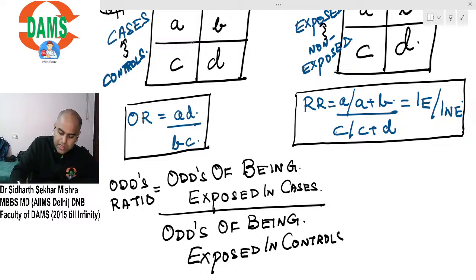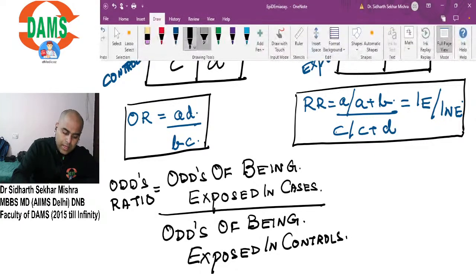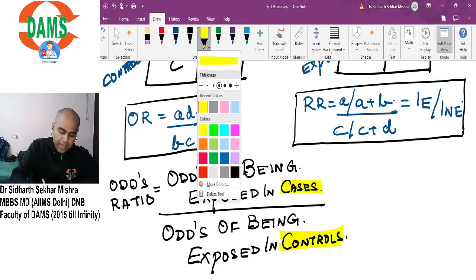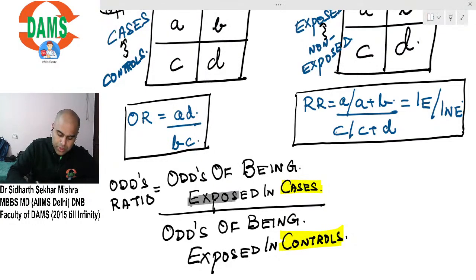So guys, you can see it is basically again cases versus controls, but both of them have to be exposed. So the cases are also exposed and the controls are also exposed.